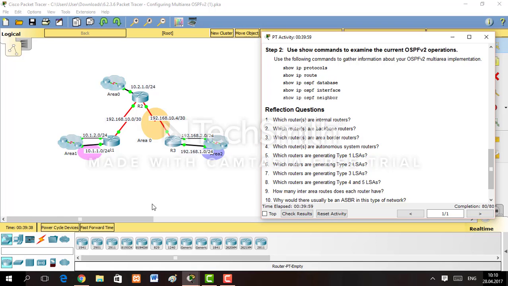Which routers are generating Type 2 LSA? None, because there isn't an autonomous system boundary router. An autonomous system boundary router is used to connect external routing domains. So here we don't have type 3 and type 4, 5 LSA.